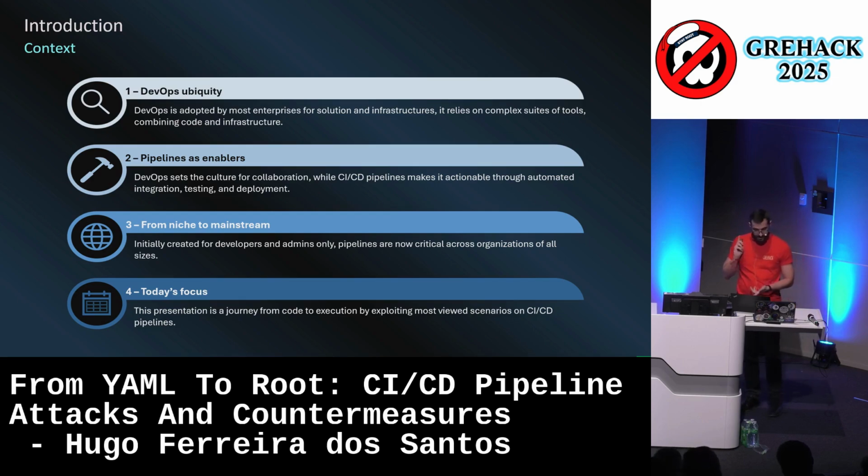At the beginning, when those pipelines were created, they were only available for developers or administrators, but with time, those are now open to a lot more people. For instance, a lot of companies give access to specific repositories to their commercial or marketing team in order to deploy a website easily.